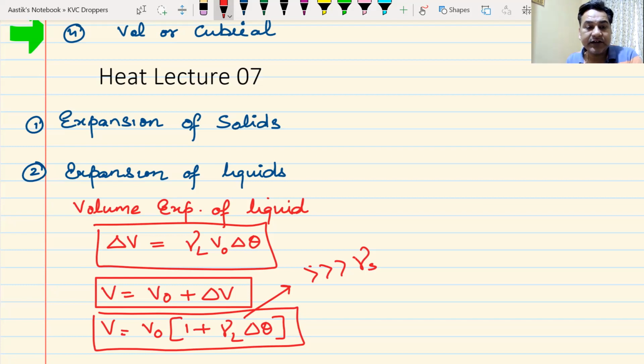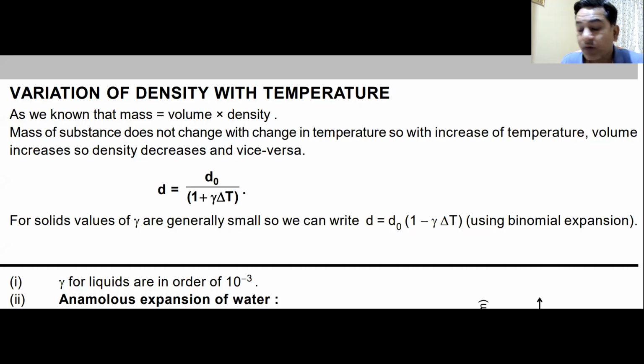The other quantity is definitely density. We have seen this. What is the effect of temperature on density? When you increase temperature, density decreases. When you decrease temperature, density increases. Yes or no?